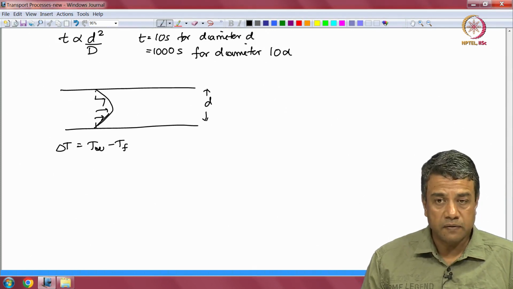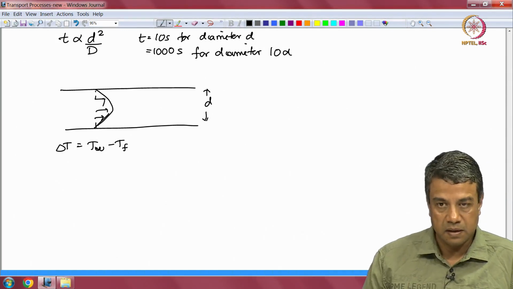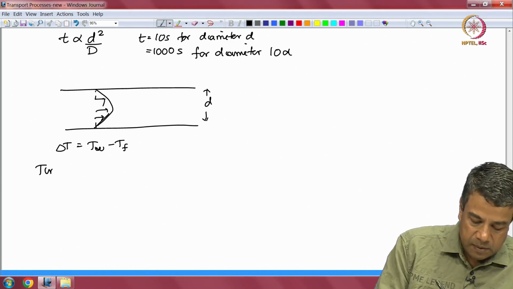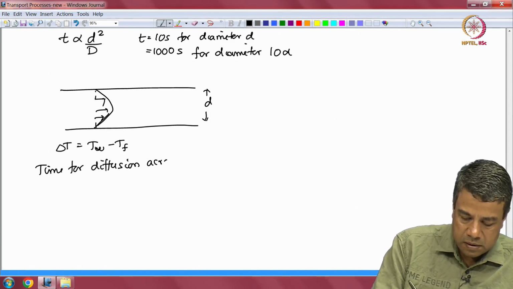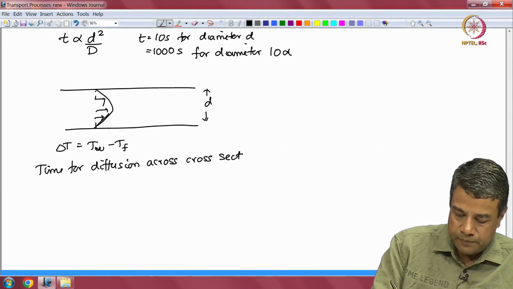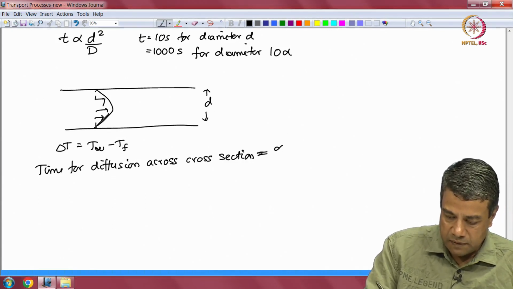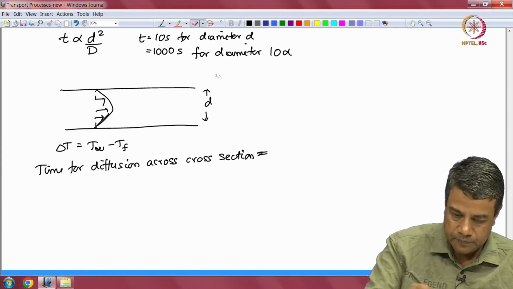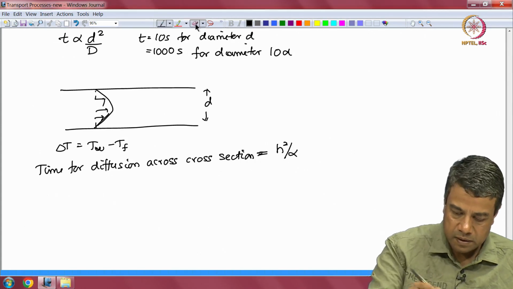How long does it take for the heat to diffuse across the entire cross section of the tube? The time for diffusion across the cross section has to go as, I am sorry, I used d here.